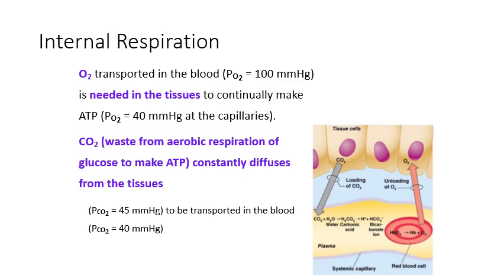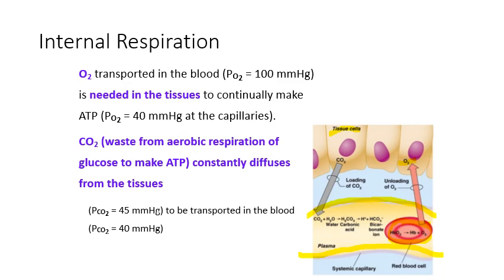So if we can see here, this is a systemic capillary. We've got the red blood cells in the capillary. Those red blood cells are holding on to oxygen by attaching it to the hemoglobin. So we've got high concentrations of oxygen here in the capillary. We've got low concentrations of oxygen in the tissues. So these are tissue cells up here.